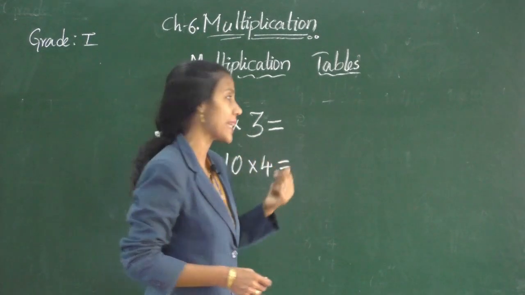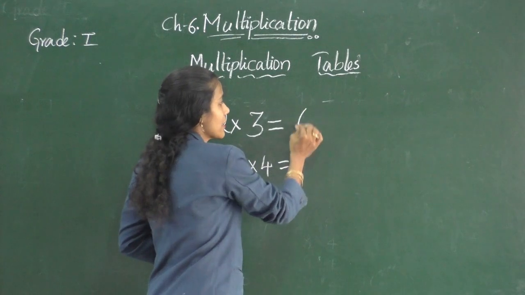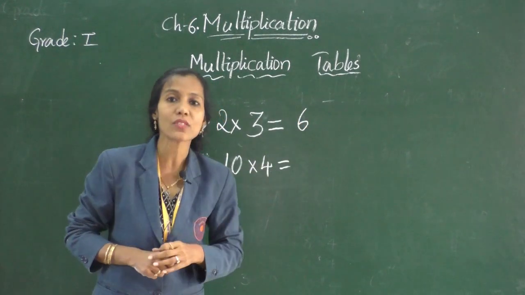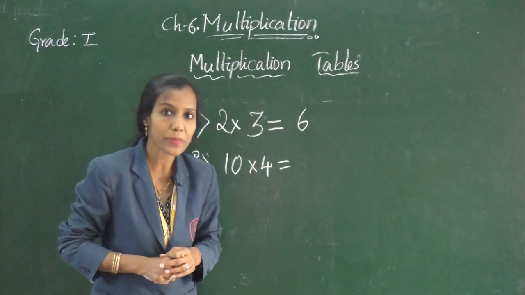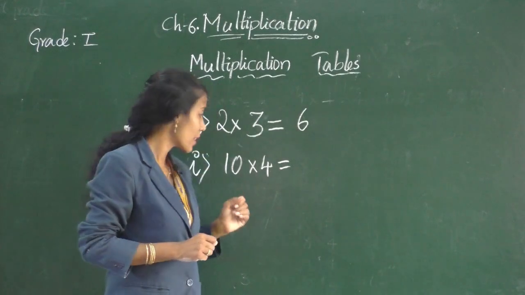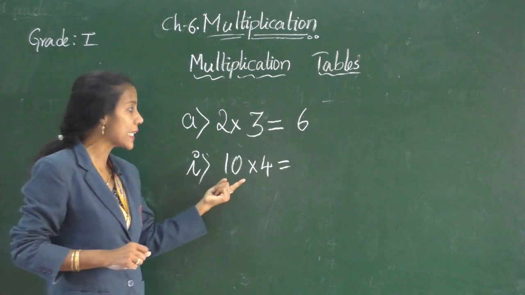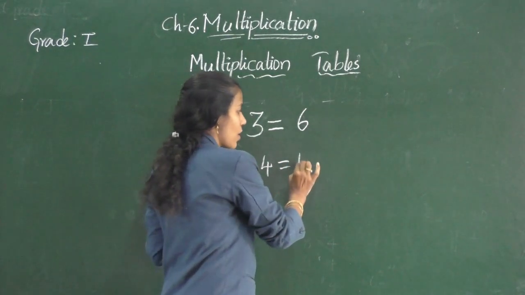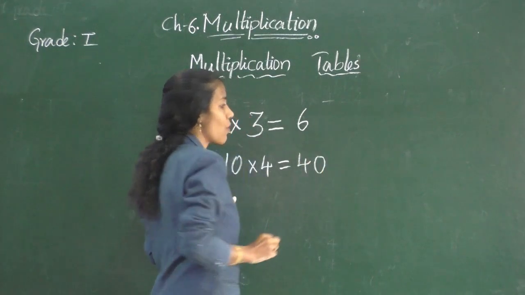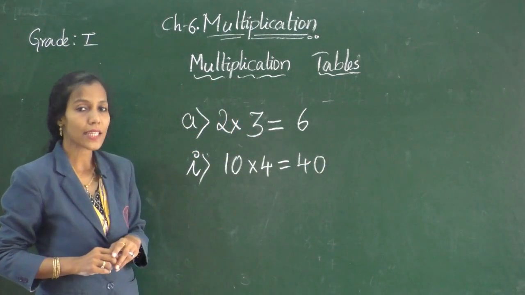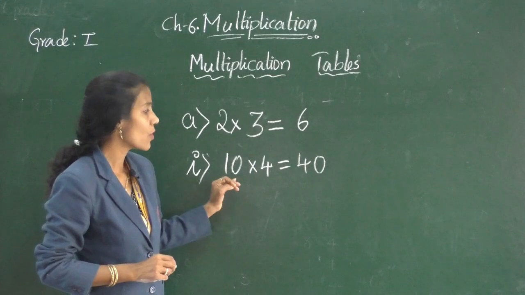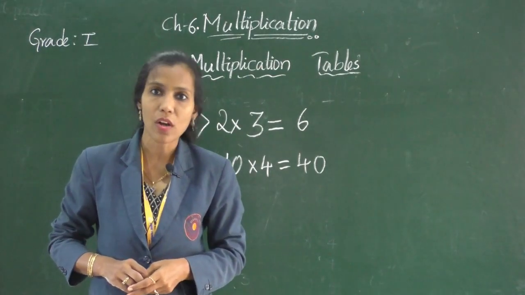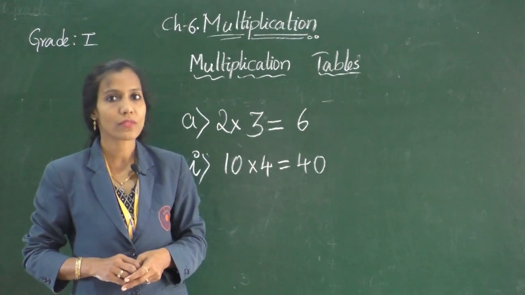Yes. The answer is 6. For this, my dear students, you have to learn your tables by heart. Okay. Now 10 into 4. So here the answer is 40. 10 into 4, the answer is 40. So the remaining problems you have to solve by yourself.